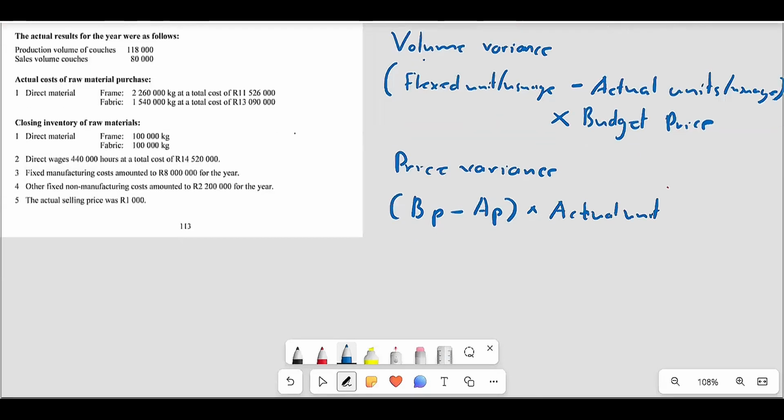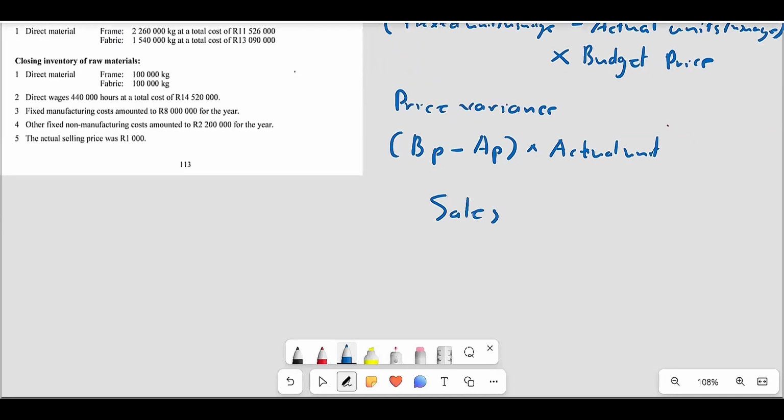However, when you're doing income, let's say you are calculating the variance for sales.